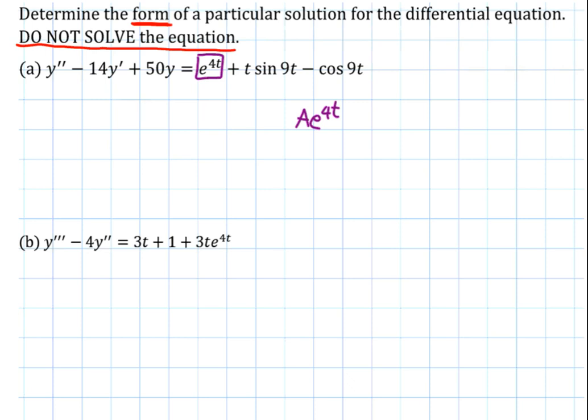Right. Next, we're going to have sine of 9t, but then there's a t in front of it. So every time we have a trig function, I mean sine or cosine of a function, then we're going to have the same.